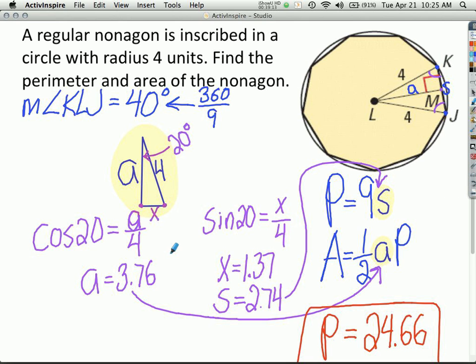So whether you understand the formula or not, doesn't really matter. You can just find the area of one triangle and multiply it by how many triangles there are. So even if you forget the formula or you don't understand it, find the area of one triangle, multiply it by 9. Any questions about that? Good.